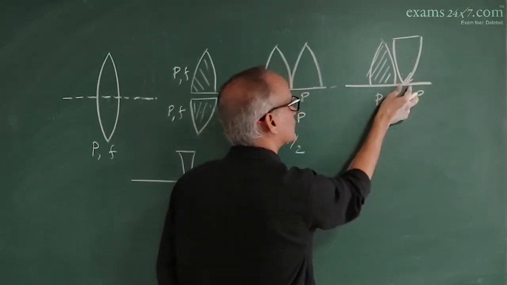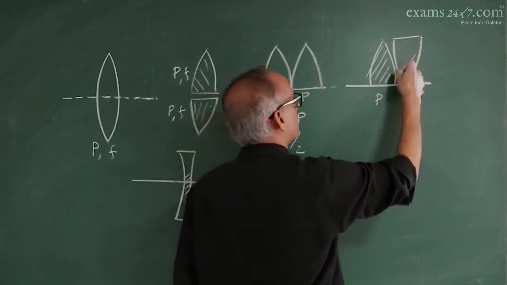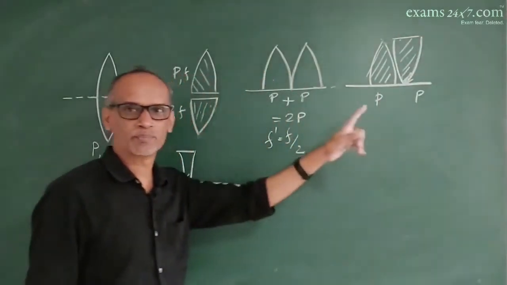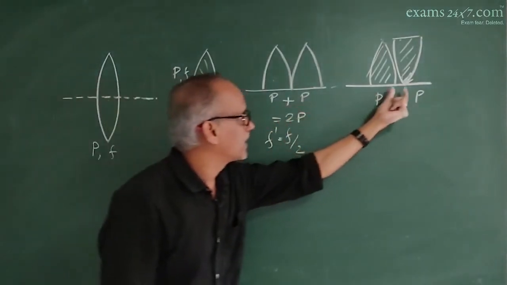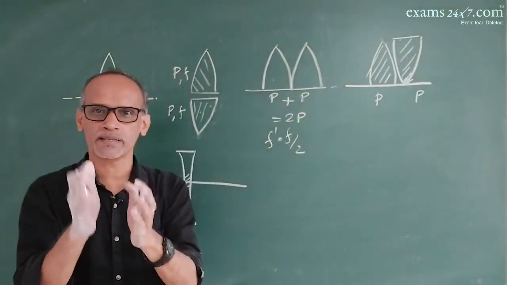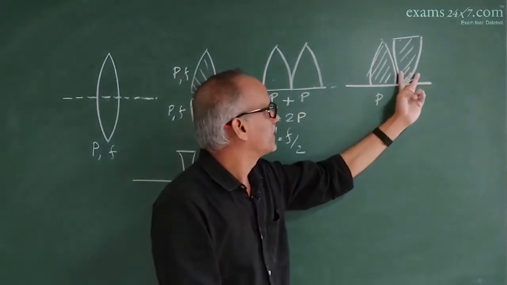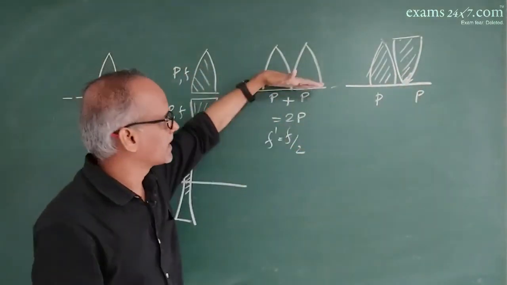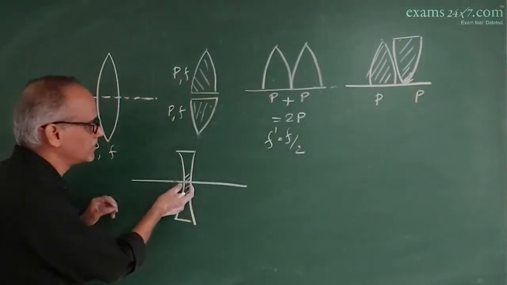Can you see that? This is the thinner portion, this is the thicker portion. That's why that particular part, even though it's a part of the convex lens, behaves like a concave lens, because the axis passes through the thinner portion of the lens.